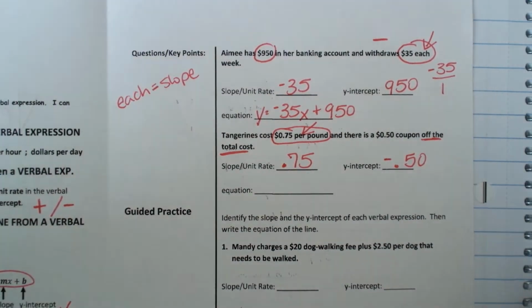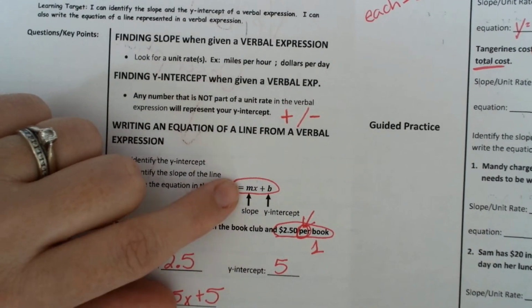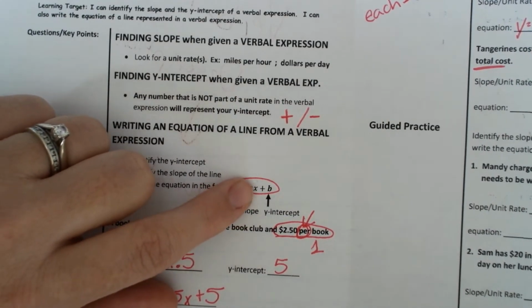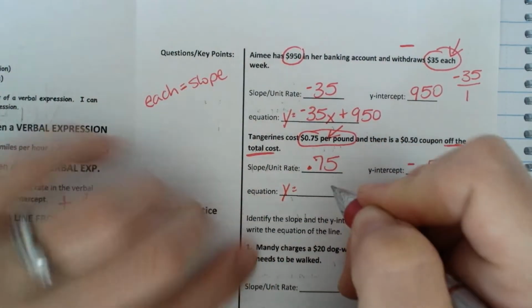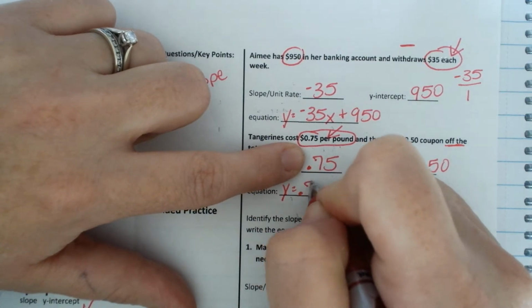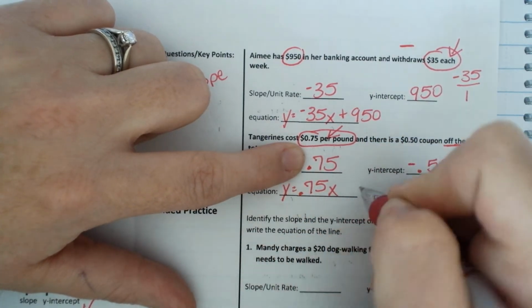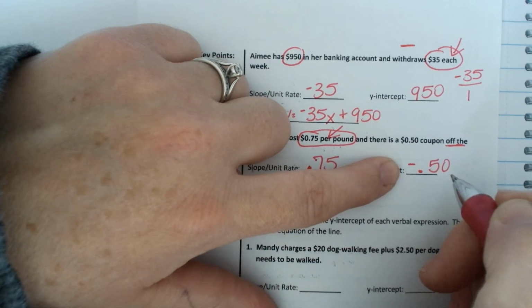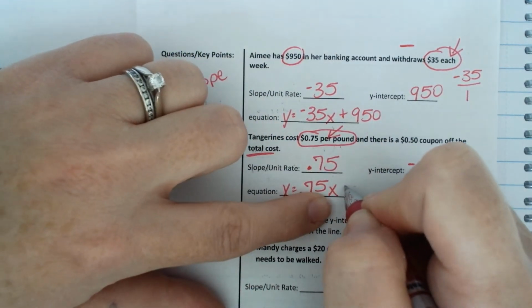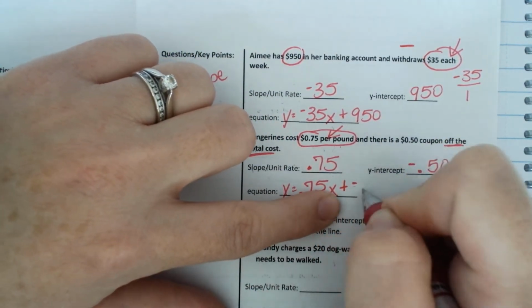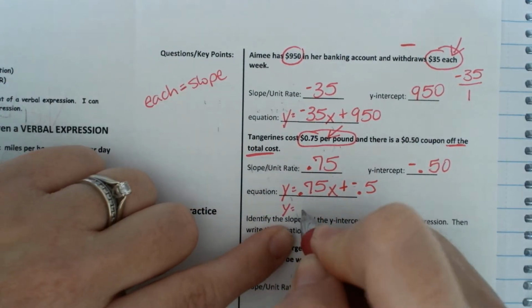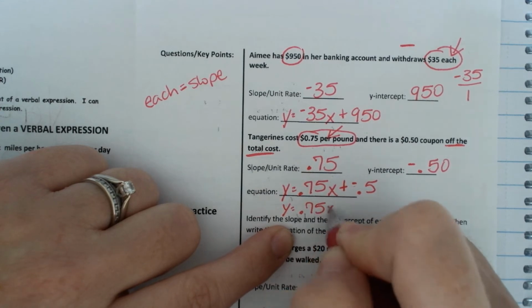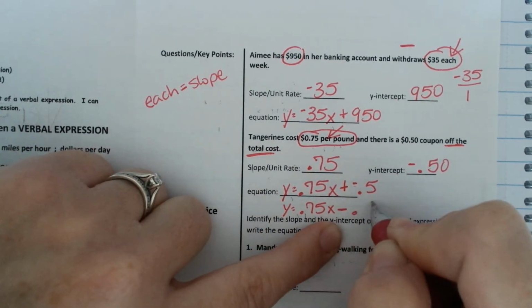So I'm going back to my original equation right here, and I'm plugging it in. Remember, the m value is slope, the b value is y-intercept. So I have y equals, here's my slope, 0.75x. And then I have my negative 0.5. So I could do plus a negative 0.5, or I could just do y equals 0.75x minus 0.5.